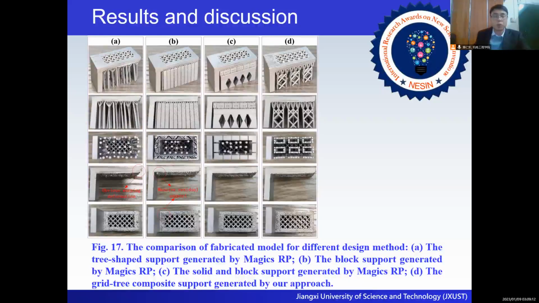The supported model generated by Magics RP of adding solid and block supports and our method performed well in terms of forming quality of overhangs and lattice structure. We can see Fig 17C and D.